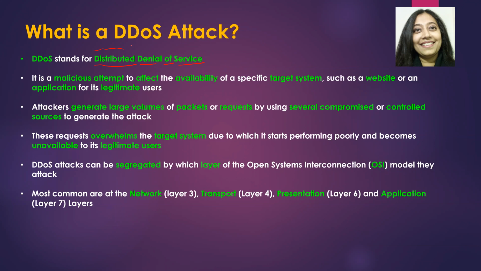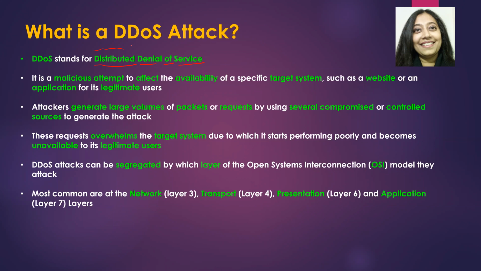Denial of service means the service is not going to be available because you have been attacked. So that's what DDoS stands for. It's a distributed denial of service attack. That means you have been attacked by multiple requests or multiple packets or multiple servers, multiple bots, whatever the case may be.